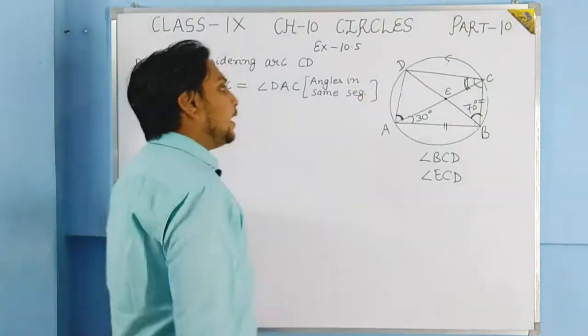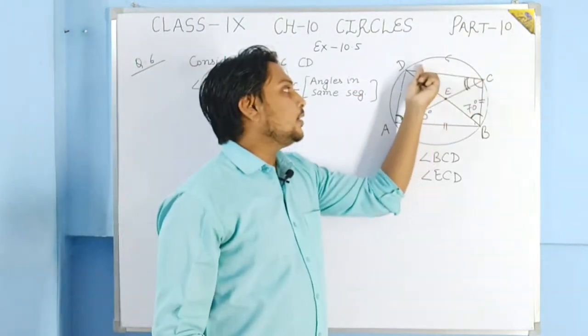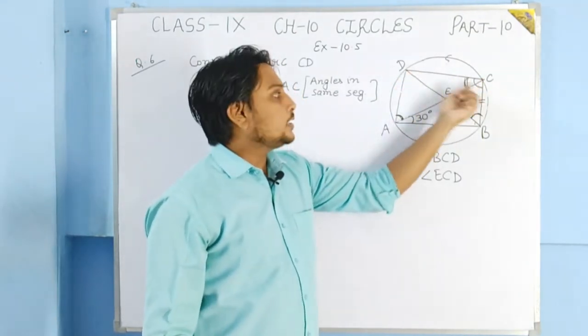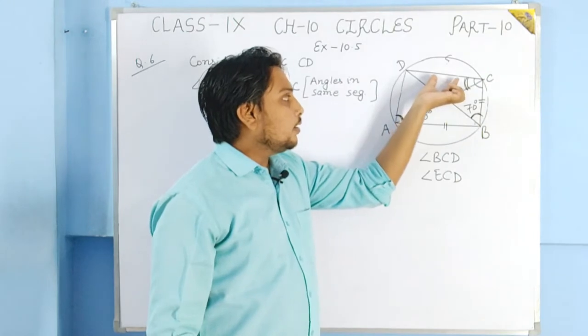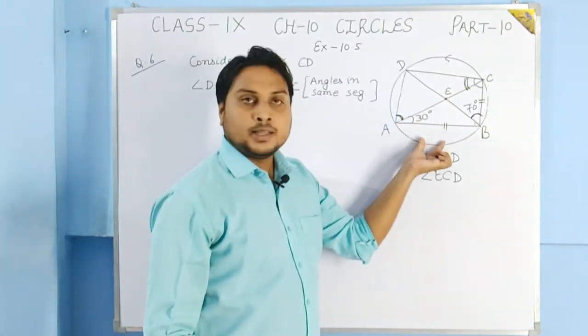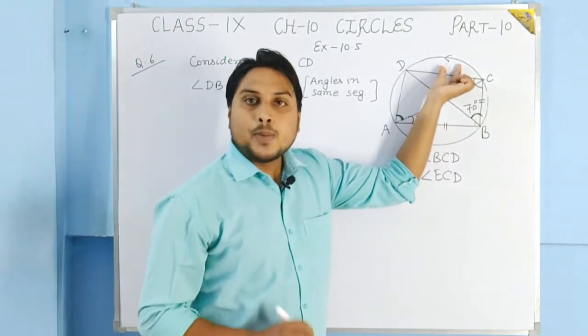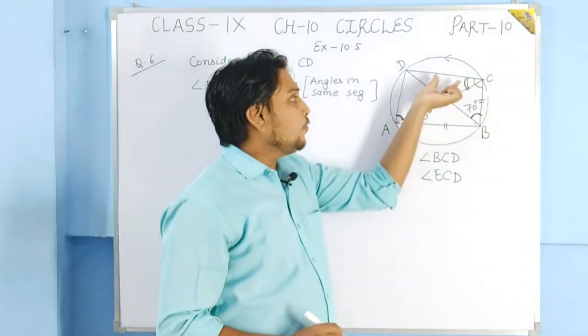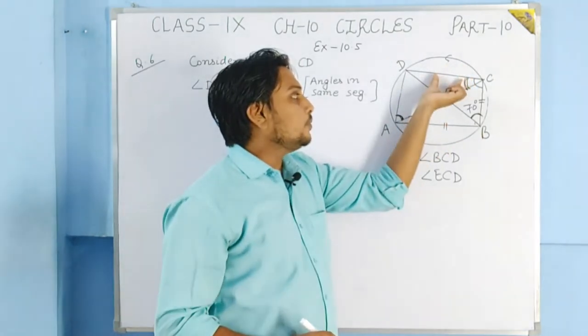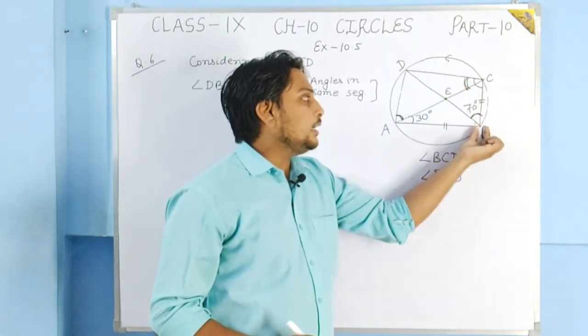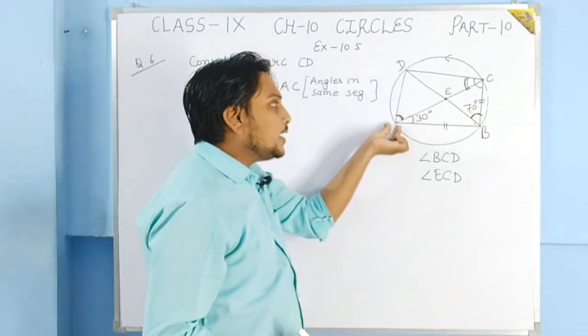Here you can see that from arc CD the chord CD is made. This side of chord CD is the major segment and this side is the minor segment. From this chord, or this arc, two angles are made: angle DBC and angle DAC.